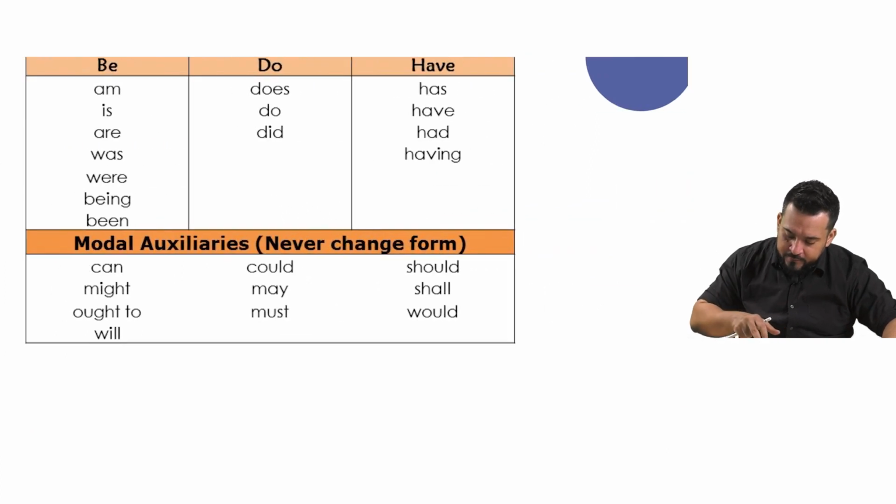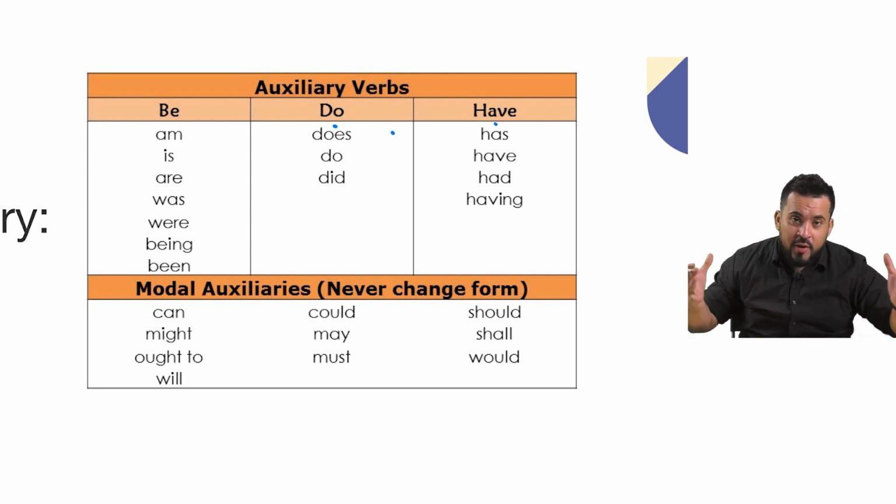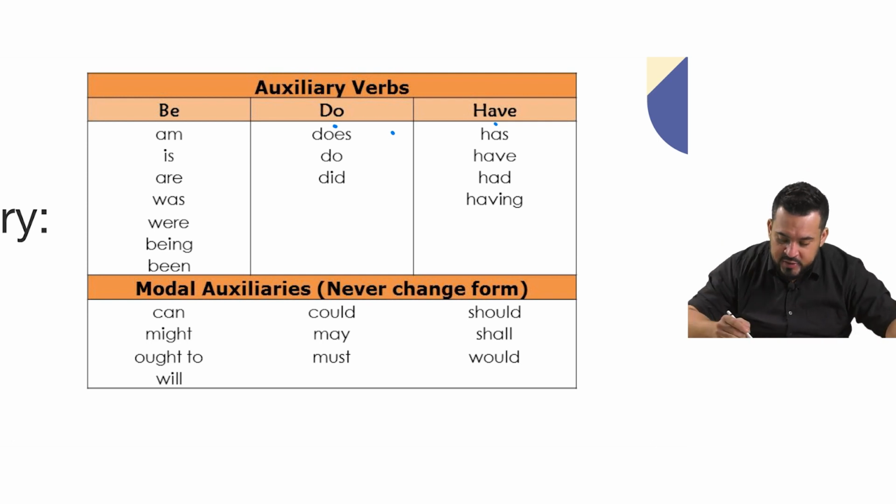Let's take a look here. Here we have the auxiliary verbs. We have the be verbs, and then we have the do verbs, and then we have the have verbs, and we have the modals. Those 4 families make the auxiliaries, or the helping verbs. So we need to have the be, which we've studied. We said am, is, are, was, were.